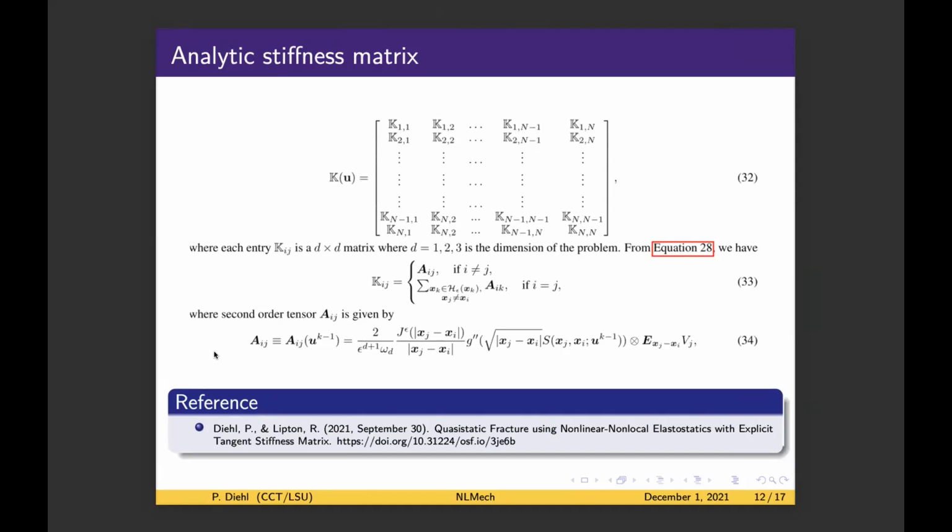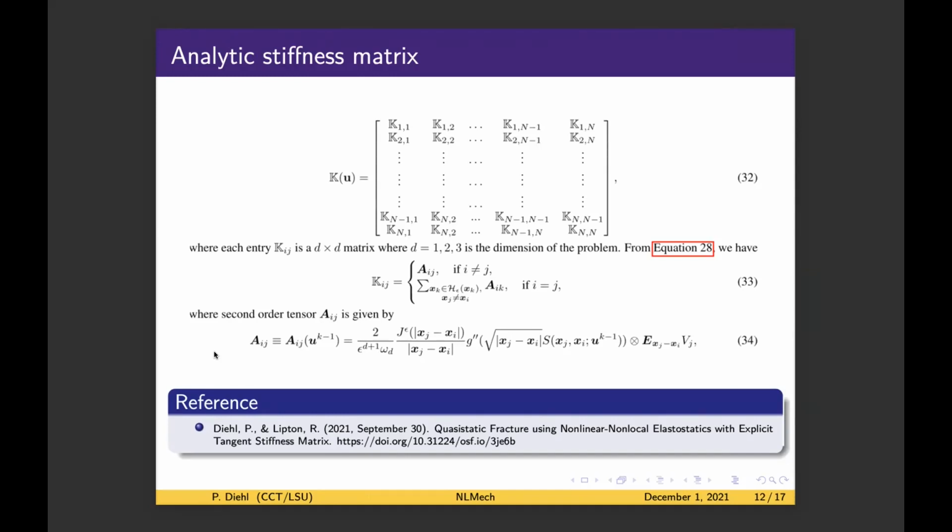And using this model here, where we have the softening, we can compute the second derivative and we can use Taylor series. And here you see again the entries of the stiffness matrix. And here you can see if we compute these K values, we have an explicit definition. So here we have to compute the sum of this Aij or Aik tensor.